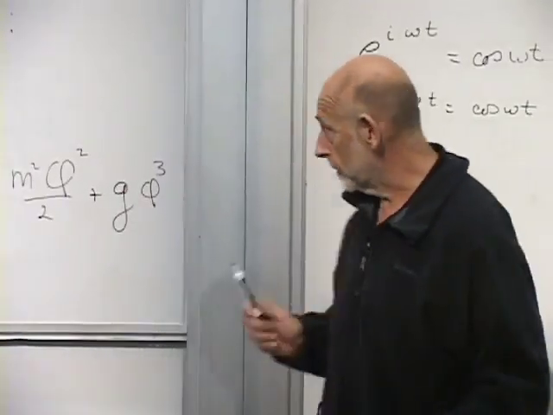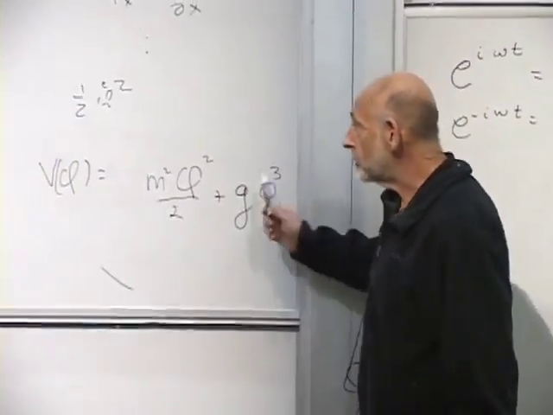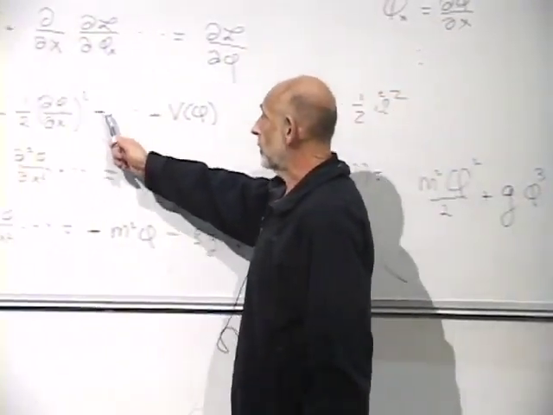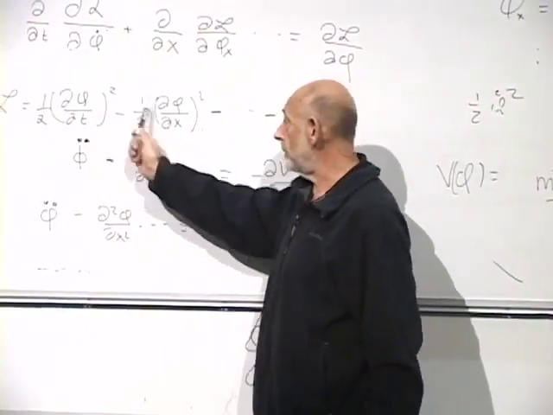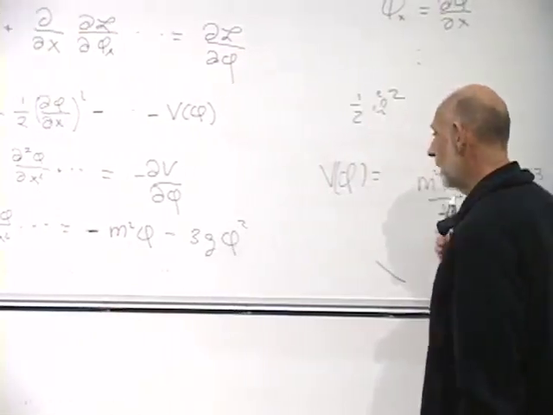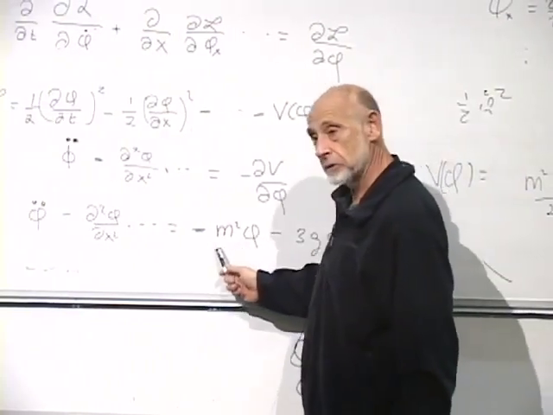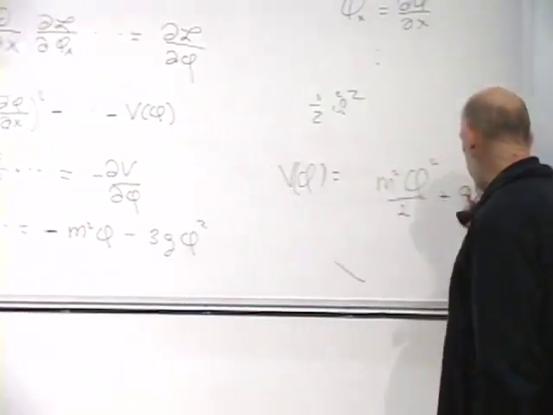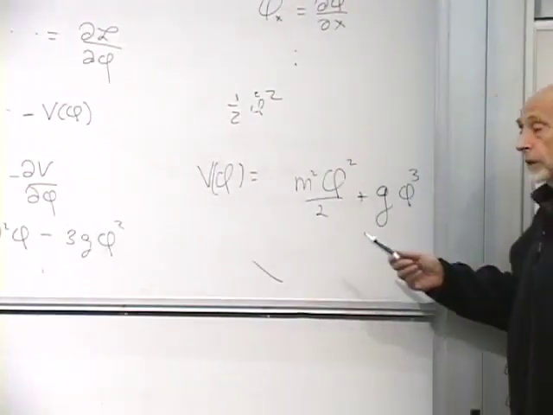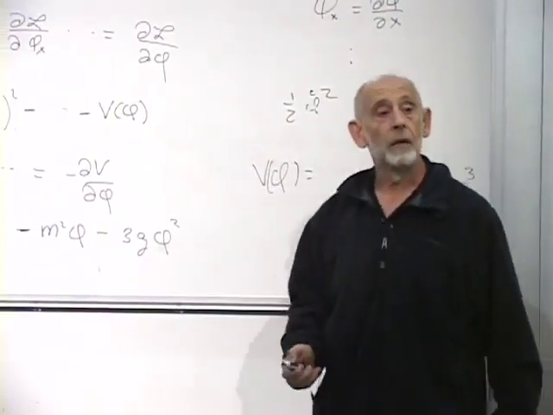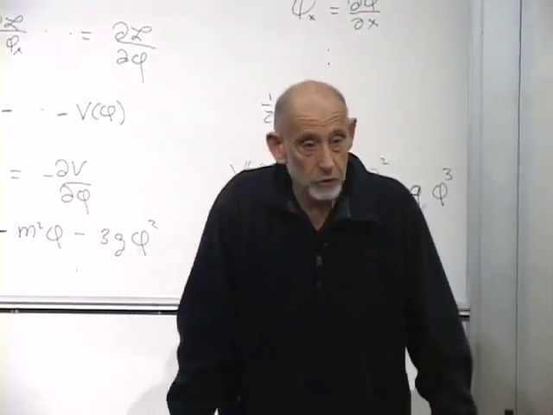And so we see a pattern. Things in the Lagrangian which are quadratic in either derivatives or the field itself lead to linear equations, and things which are higher powers than quadratic lead to nonlinear equations. Nonlinear equations mean solutions don't add.